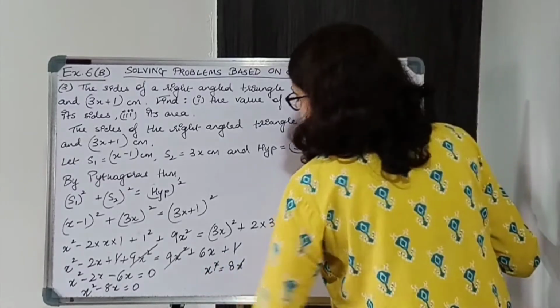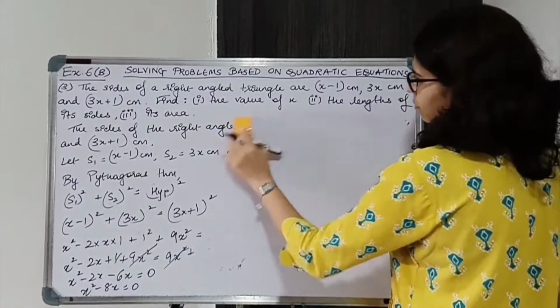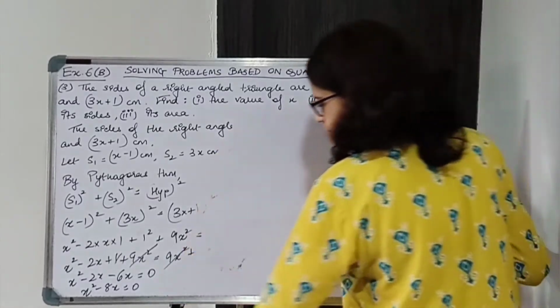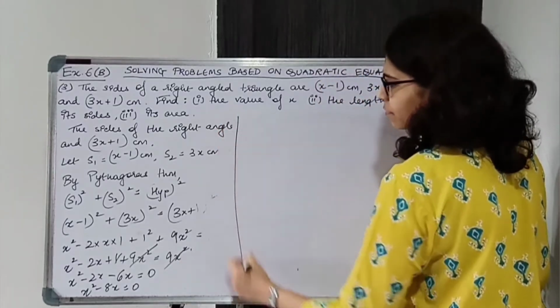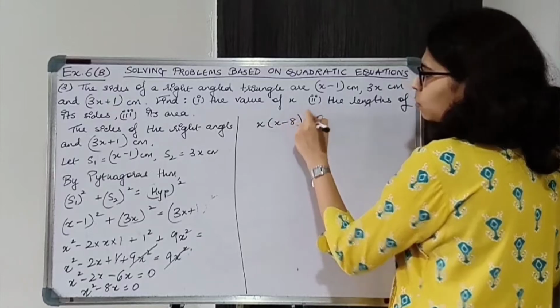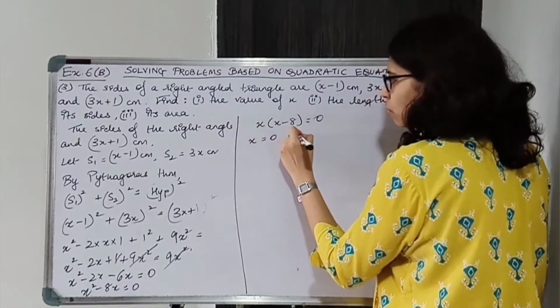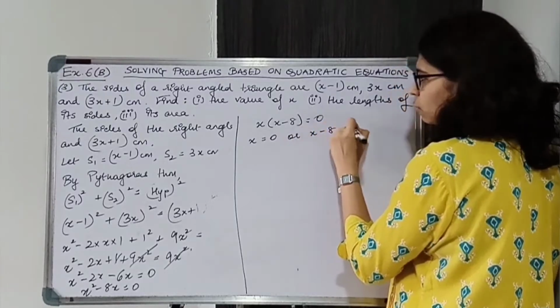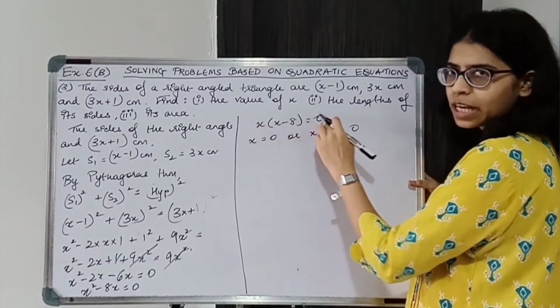Okay, so x into x minus 8 is equal to 0. Now x is equal to 0 or x minus 8 is equal to 0, right? Either this is equal to 0 or this whole bracket is equal to 0.